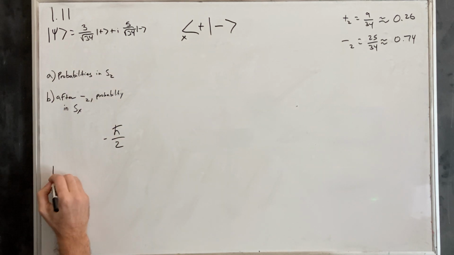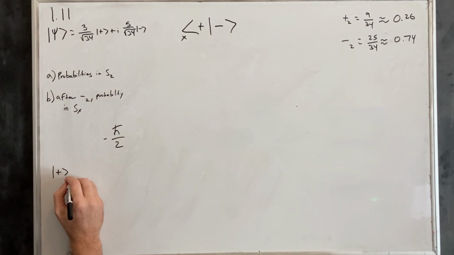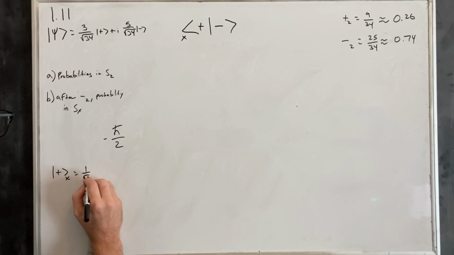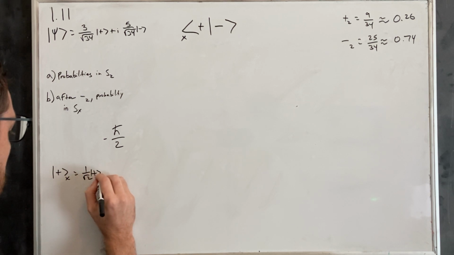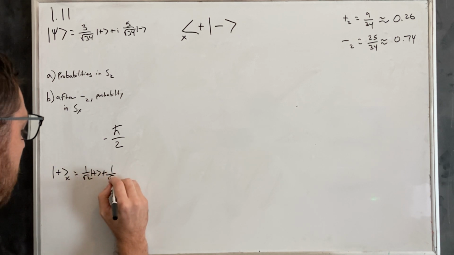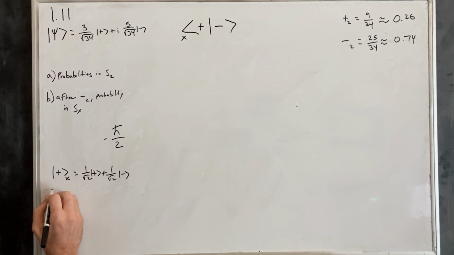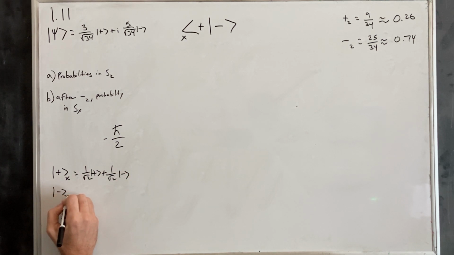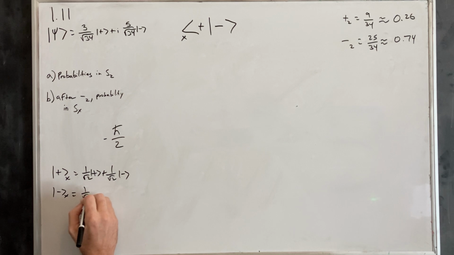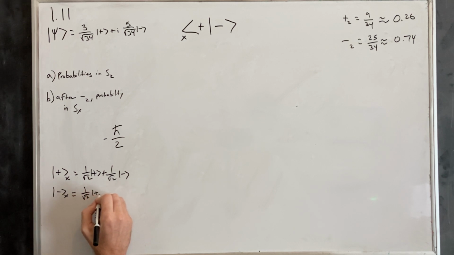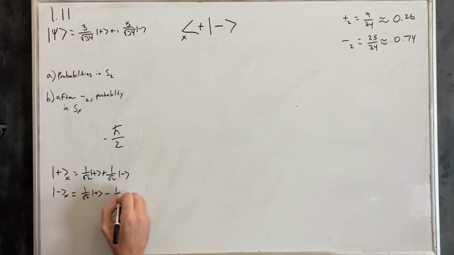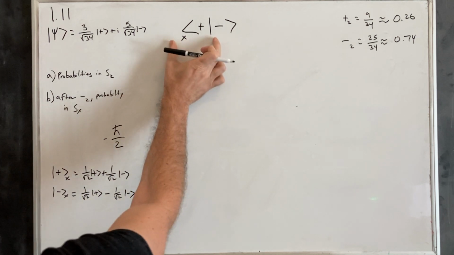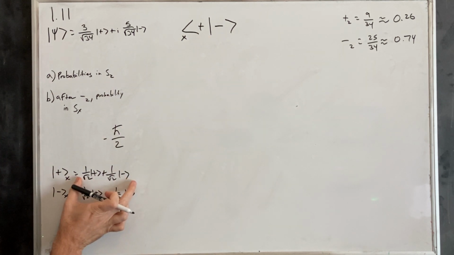And remember, our up ket in the x direction is 1 over root 2 up plus 1 over root 2 down. And our minus in x is 1 over root 2 up minus 1 over root 2 down. Okay, so we have the bra of this, so we'll flip this.